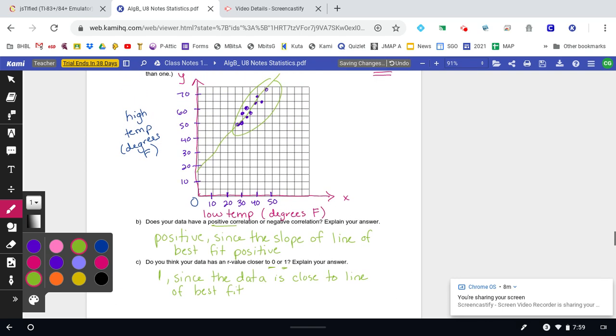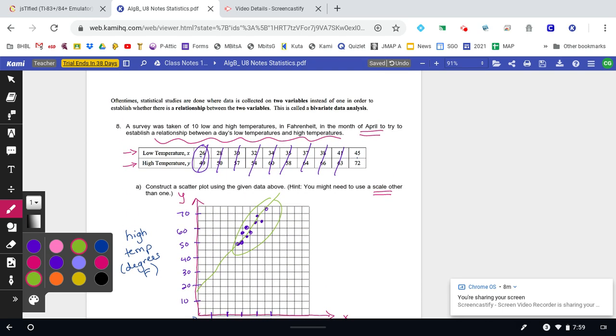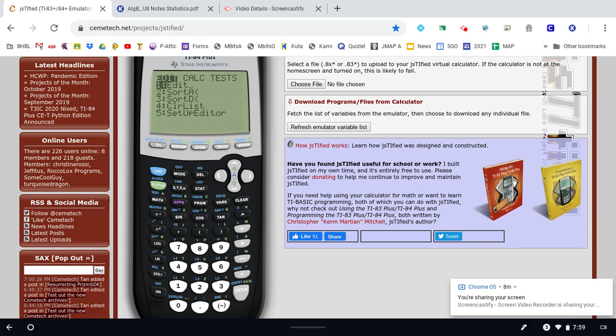Now, I can then take these numbers and put them into my calculator. So stat, edit, let's clear these out. And we're going to enter those data values in there. All right, so 26, 28, 30, 32, 34, 35, 37, 38, 41, 45.